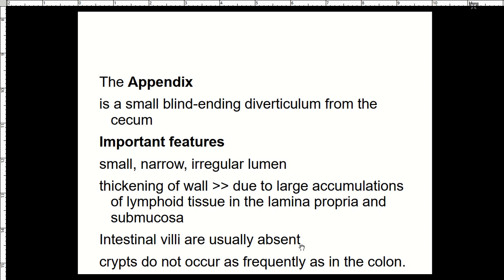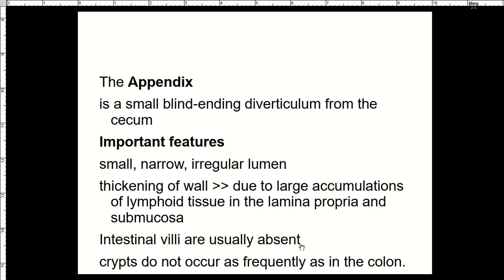Right? Another portion of the GIT which is very important is the appendix. So the appendix is just a diverticulum that is found in the retrocecal space, which is a small blind-ending diverticulum from the cecum.